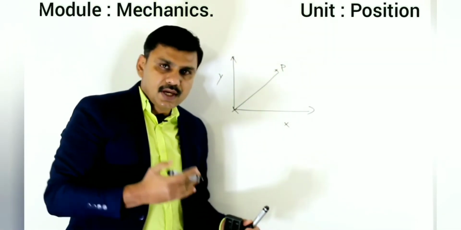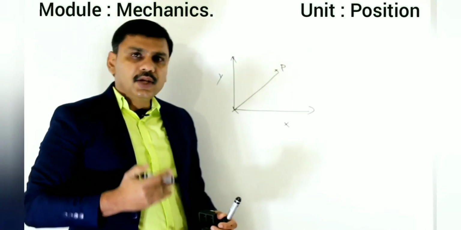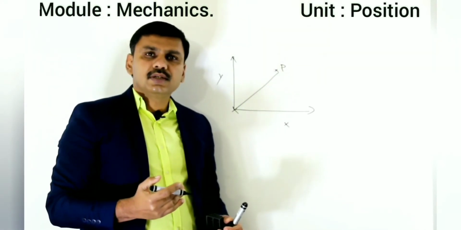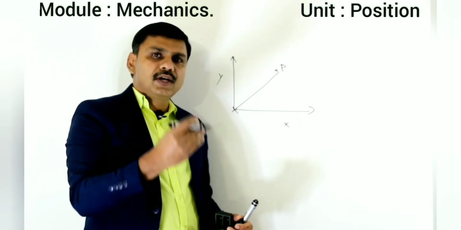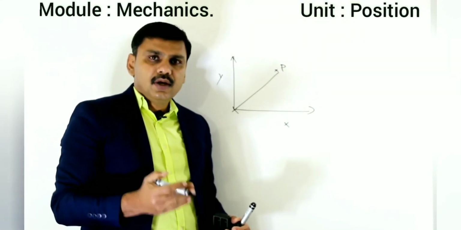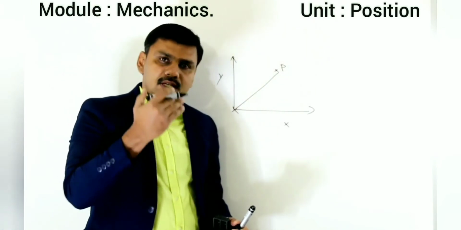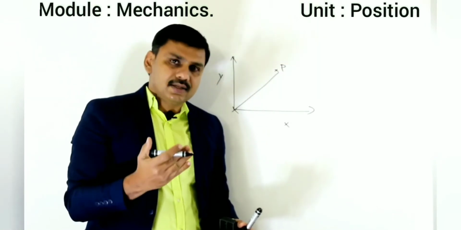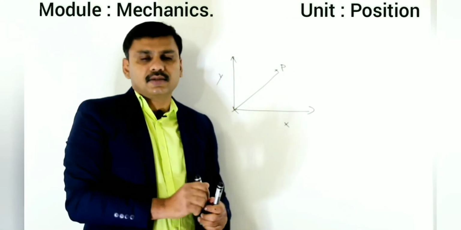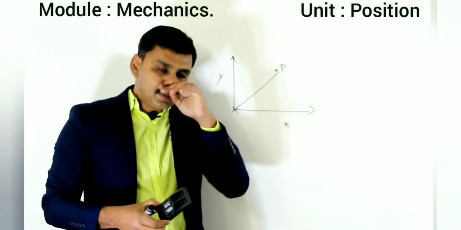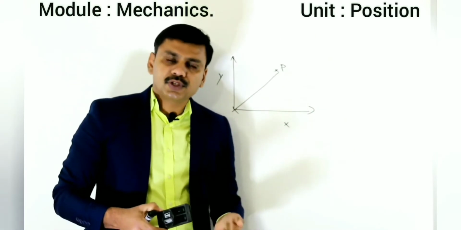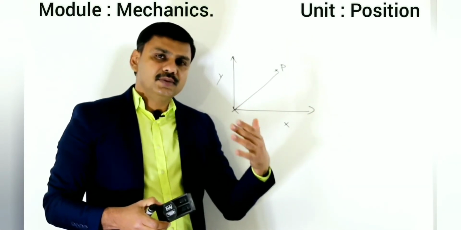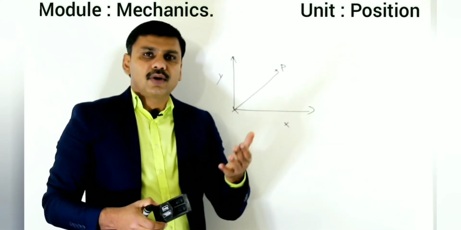So we are using a frame of reference in order to find out the location of the object, or the position of the object, or to check whether the object is in motion or at rest.